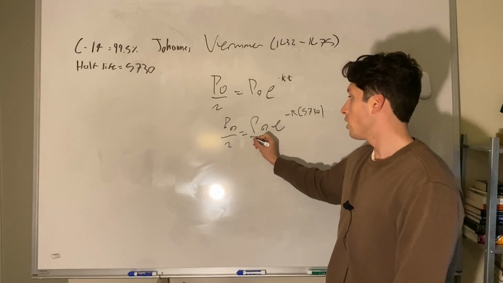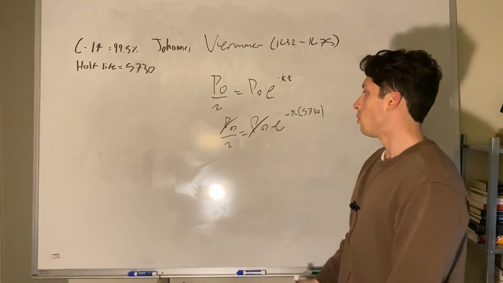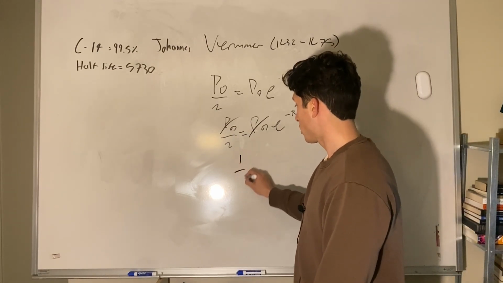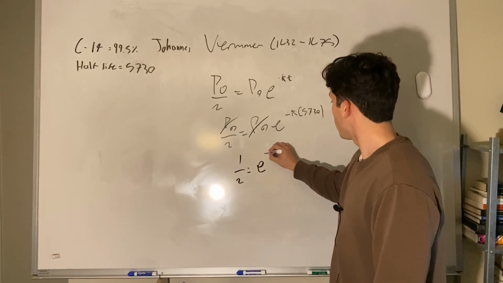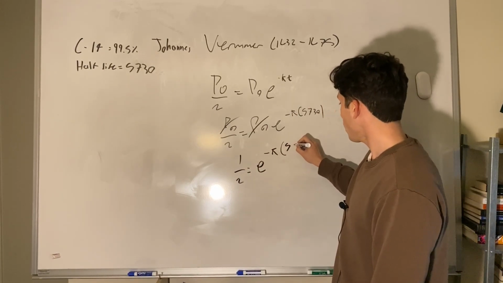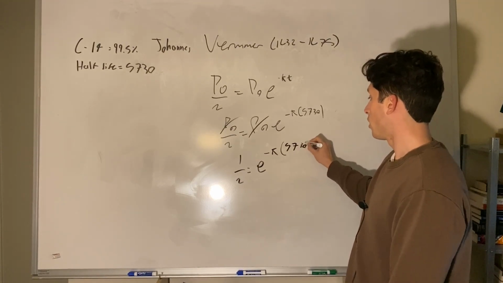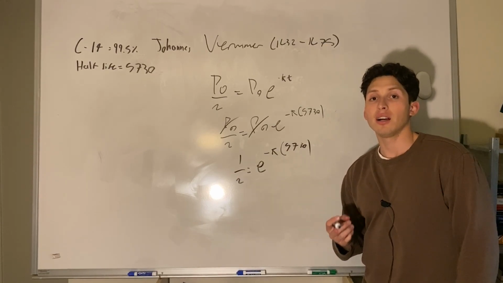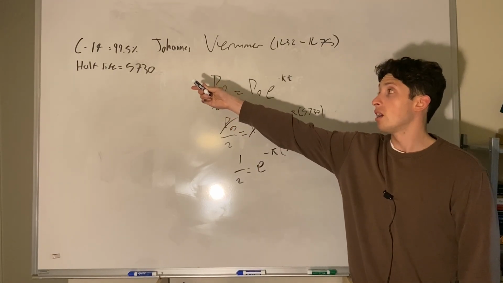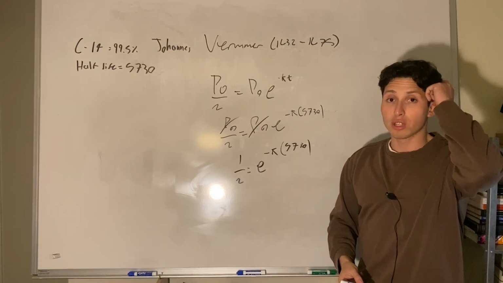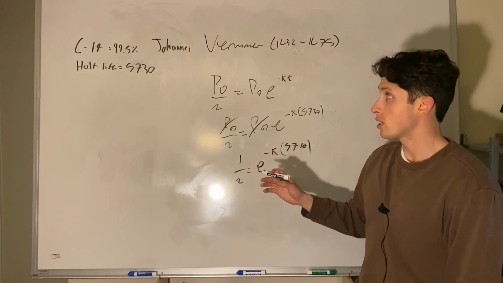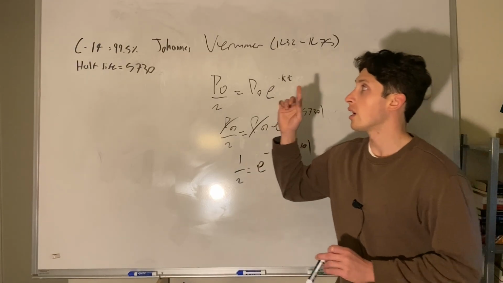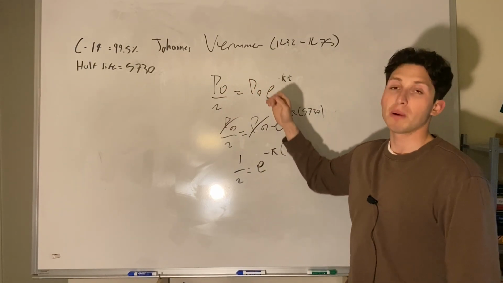Here, as you can see, if we divide by the initial quantity, we will remove the initial quantity on both sides of the equation, leaving us with 1/2 equals e to the power of negative k multiplied by 5,730. Now we want to know k, which is the rate at which the painting decayed, which in this case will be carbon 14. So right now it's said that in the present, when we are in this bidding, its current carbon is 99.5%.